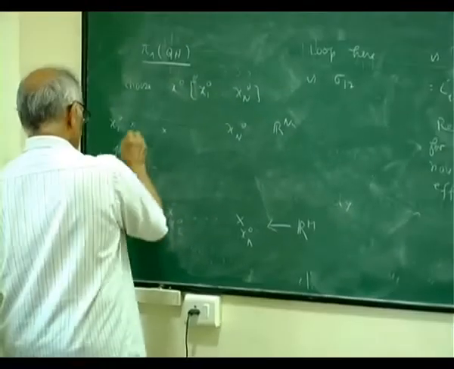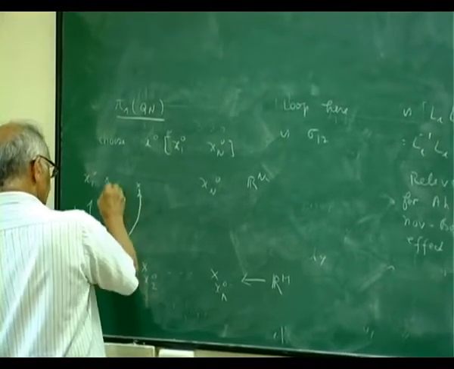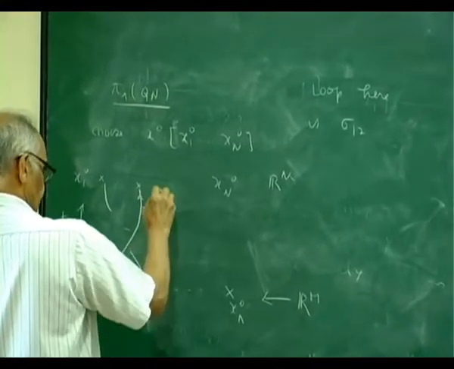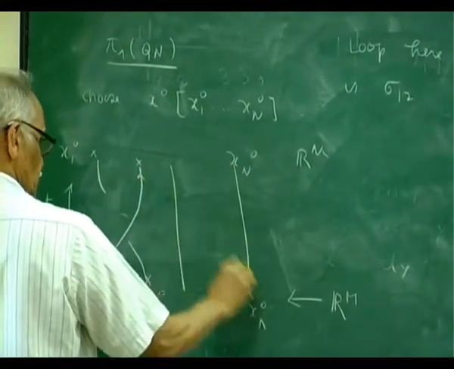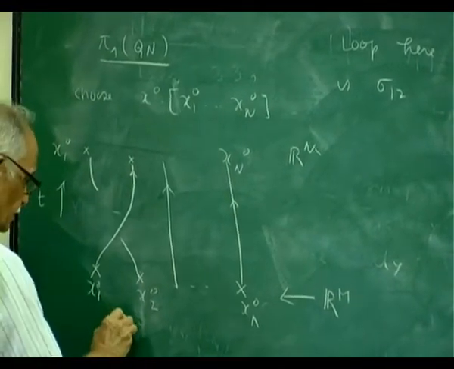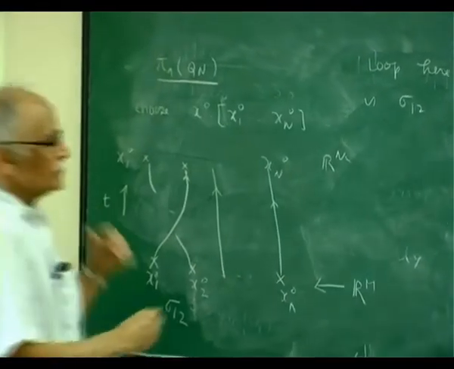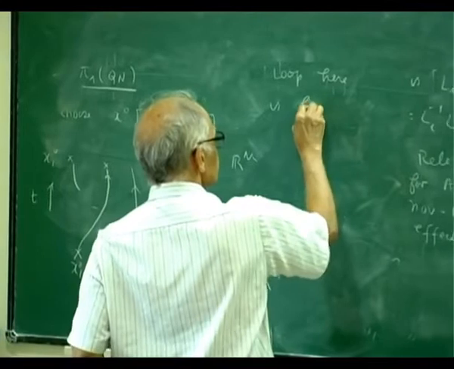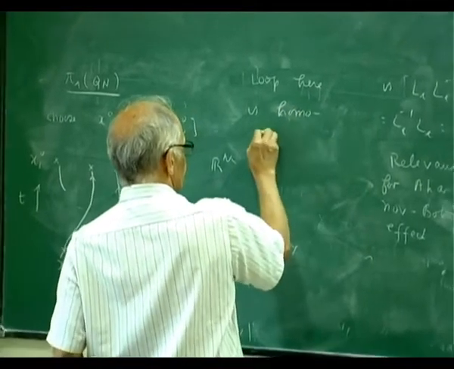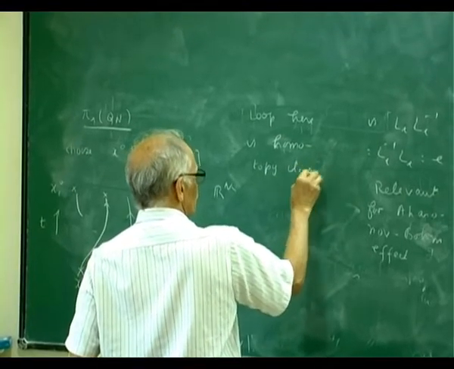So t, the parameter of the loop, is going this way. What do I do? I move this to this point, and this one, let us say, I move it behind. The rest I do not move. This is sigma 1, the loop. The homotopy class of this loop is the class of loop in the figure.